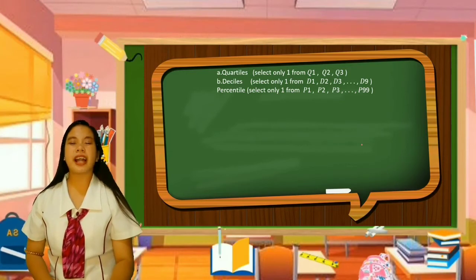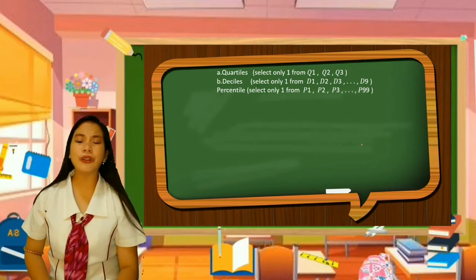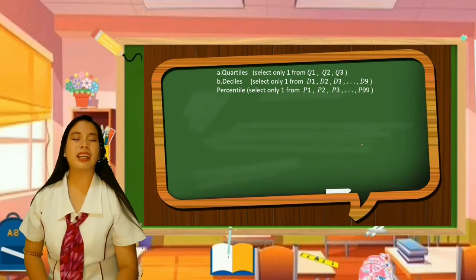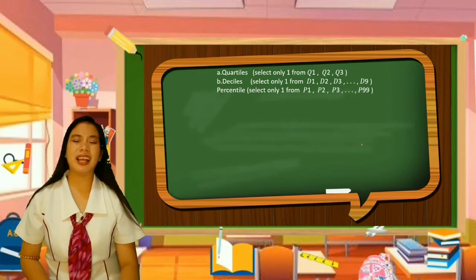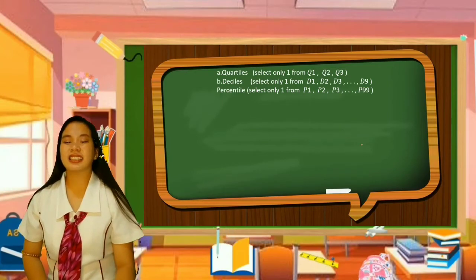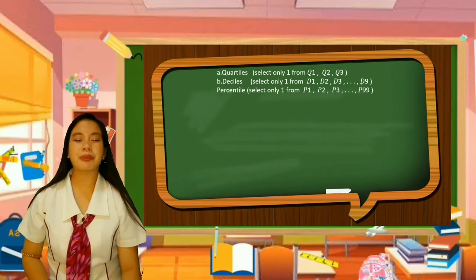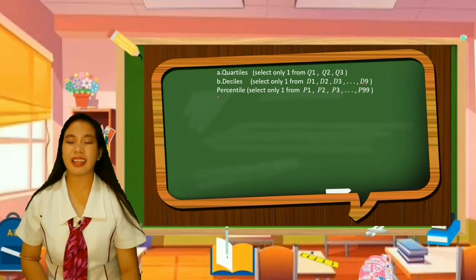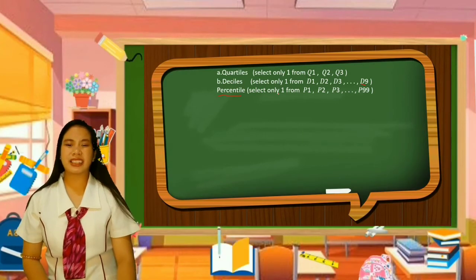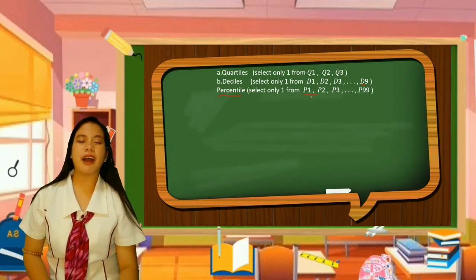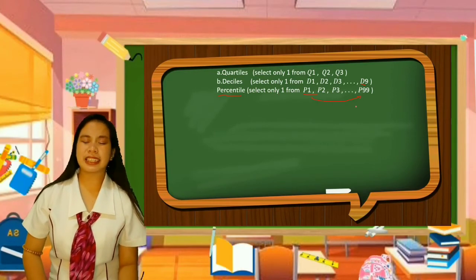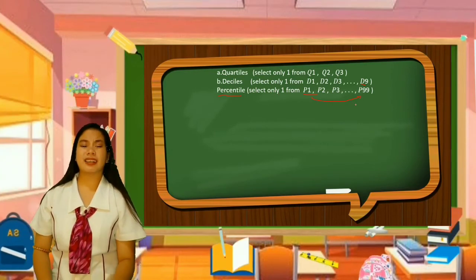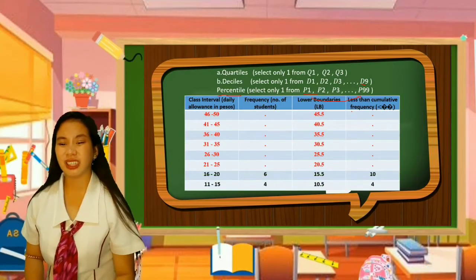Letter A is quartile. Select only one from quartile 1, quartile 2, and quartile 3. B, decile. Select only one from decile 1 to decile 9. Then, percentile. Select only one from percentile 1 to percentile 99.